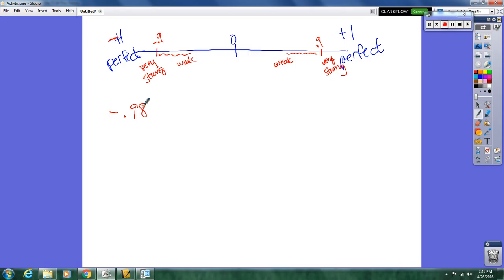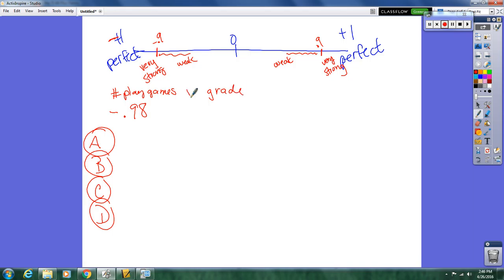Now, here's what your answers are going to look like, and I'm going to go quickly on this. They're going to say the number of hours you play games versus your grade. And we talked about the more you play games, the lower your grade.